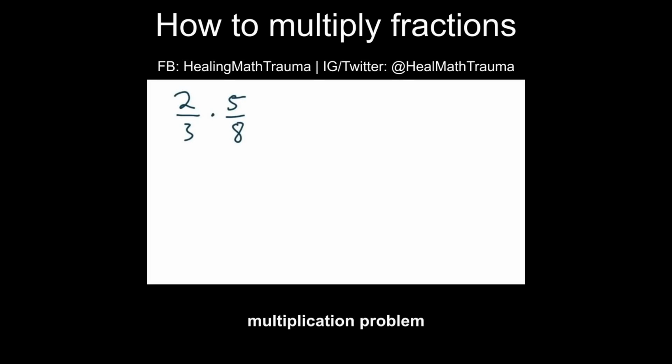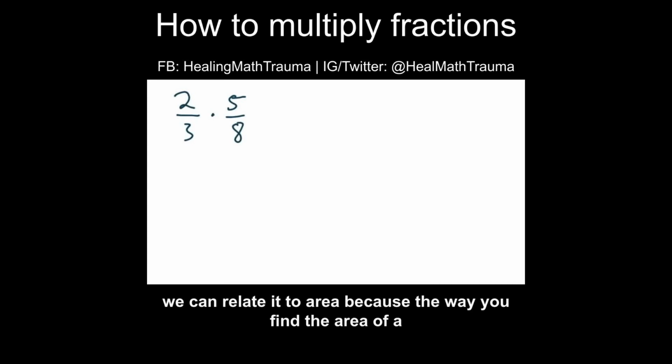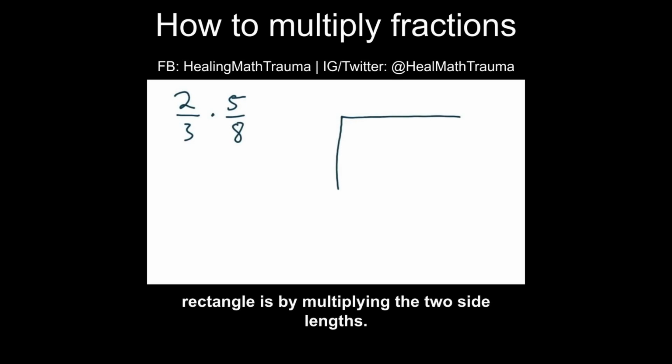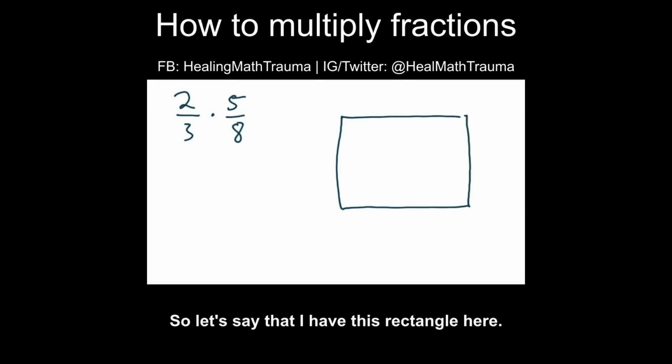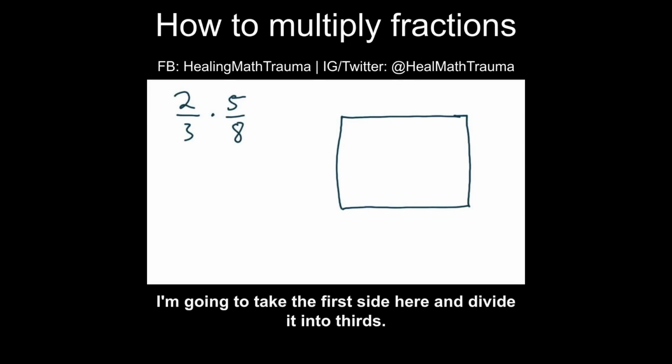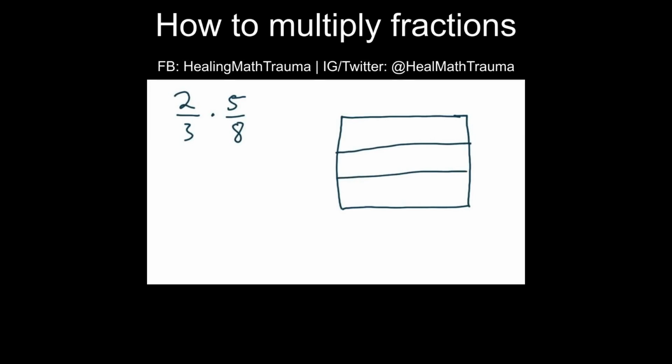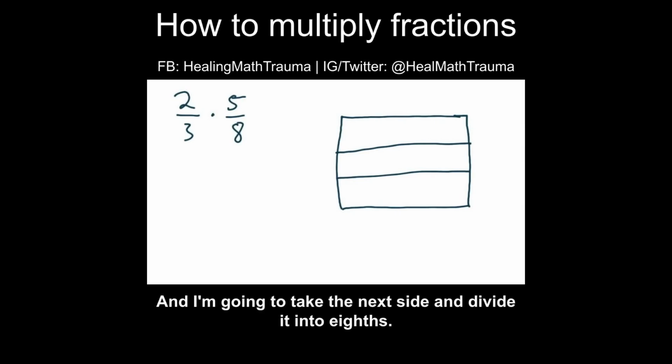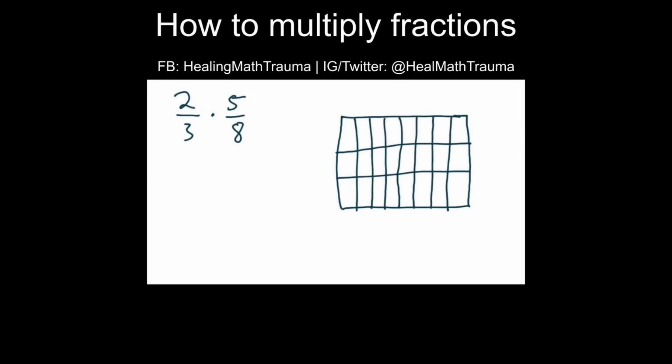Whenever we have a multiplication problem, we can relate it to area because the way you find the area of a rectangle is by multiplying the two side lengths. So let's say that I have this rectangle here, and let's say that each is a side length of 1. I'm going to take the first side here and divide it into thirds, and then I'm going to take the next side and divide it into eighths.